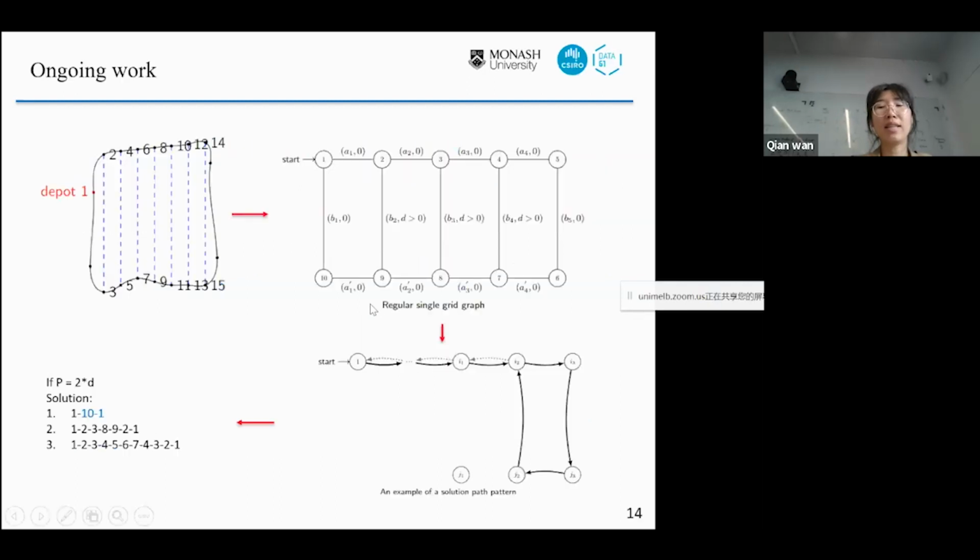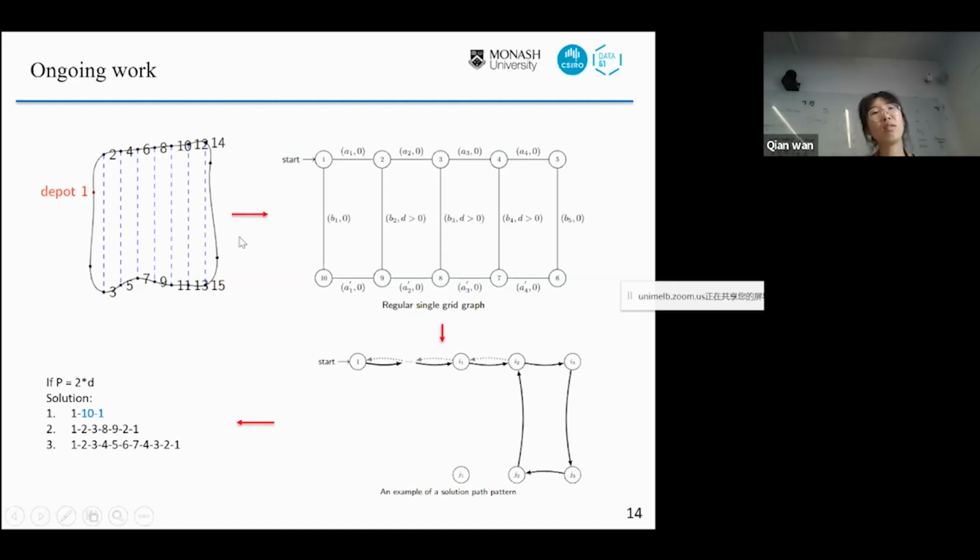Okay, and next, I'd like to talk about some ongoing work. For example, we have this irregular graph over here, and the problem is spraying the blue dashed lines. We can transform this graph into a regular single grid graph, and then we can find the solution pattern for this graph in polynomial time.